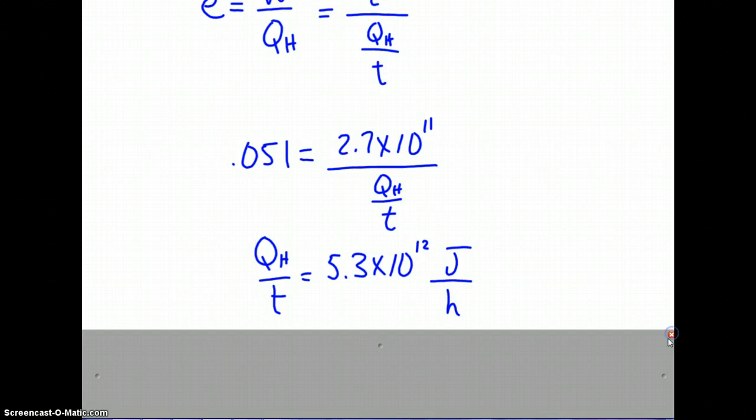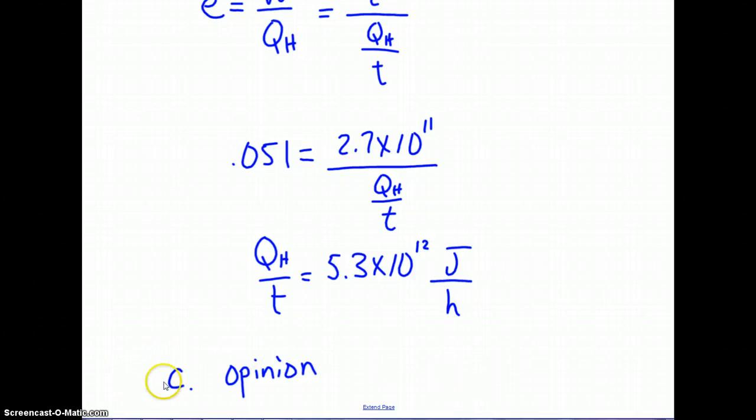Your answer to C, whether or not it's a good idea, is really an opinion question, and that's a tough call. At 5.1% efficiency, though that efficiency is terrible, it's not costing you any money for fuel. So your only cost is going to be getting the operation set up.